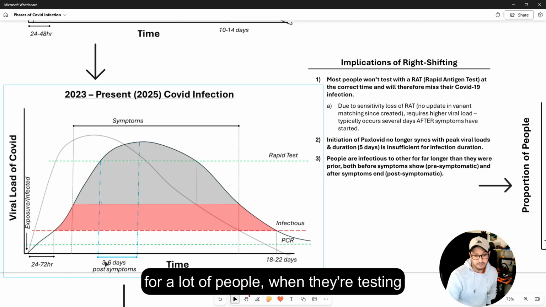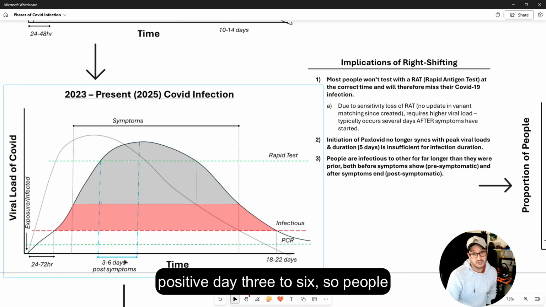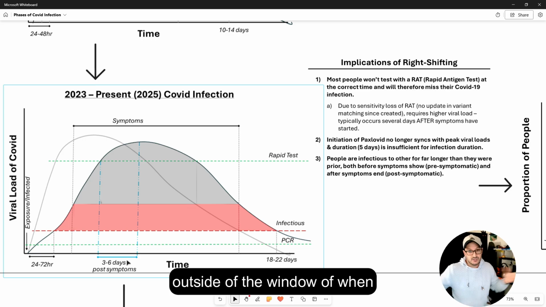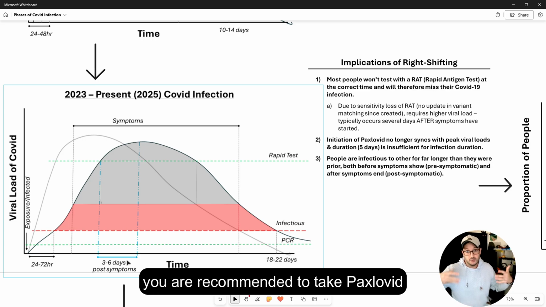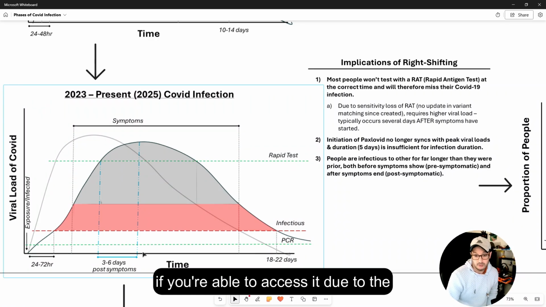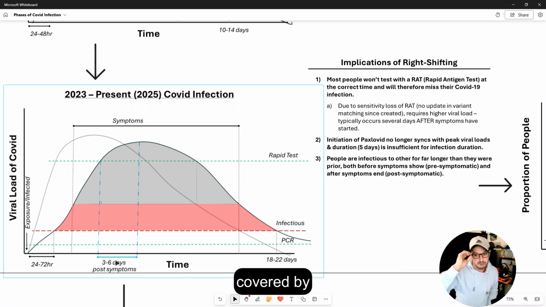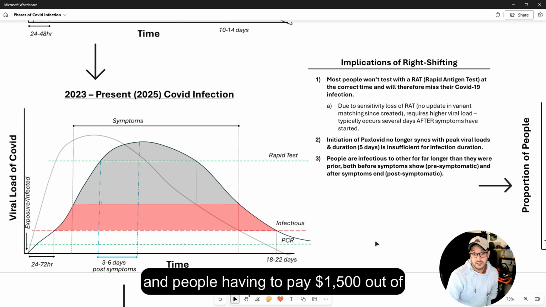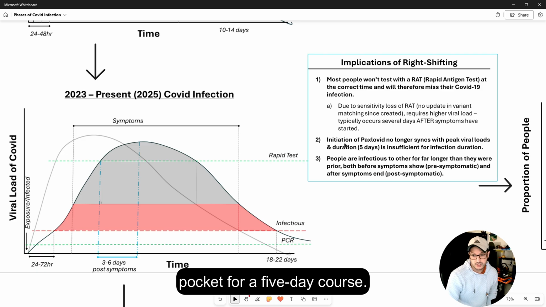For a lot of people testing positive on days 3 to 6, so people testing positive on days 5 and 6, you're already outside of the window when you are recommended to take Paxlovid, if you're able to access it, due to the financial barriers now and it not being covered by some insurances, with people having to pay $1,500 out of pocket for a 5-day course.